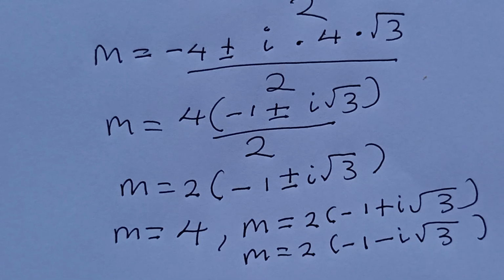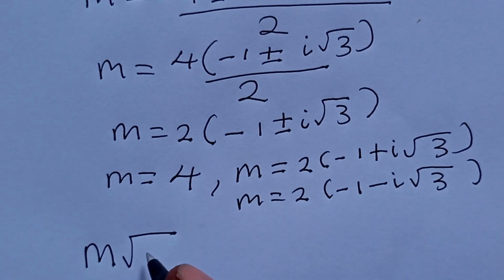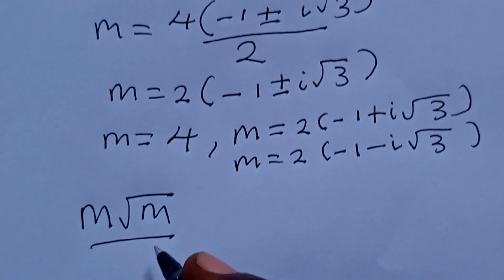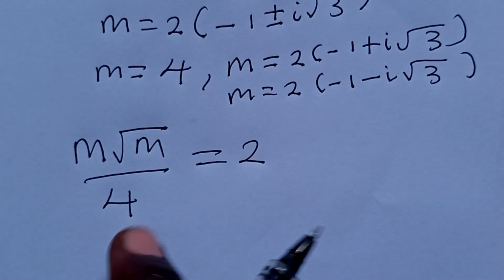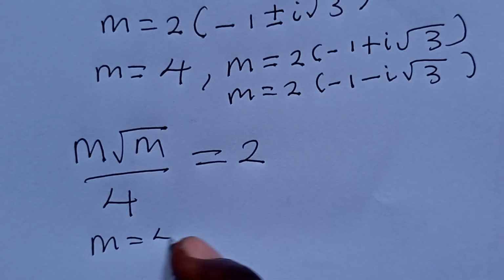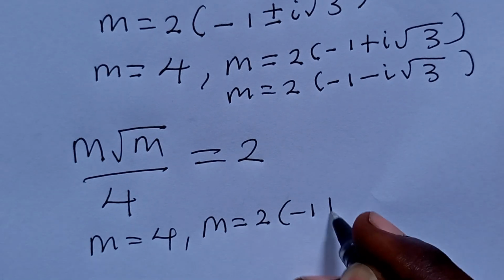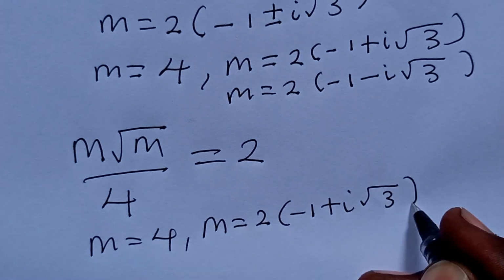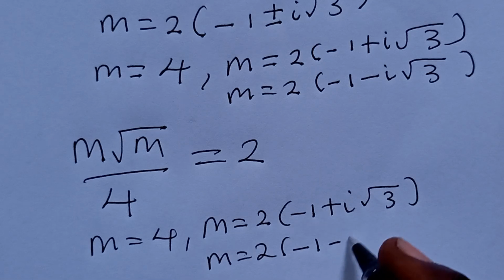So for this particular question, m root m over 4 equal to, m is equal to 4, m is equal to 2 into minus 1 plus i root 3, and m is equal to 2 into minus 1 minus i root 3.